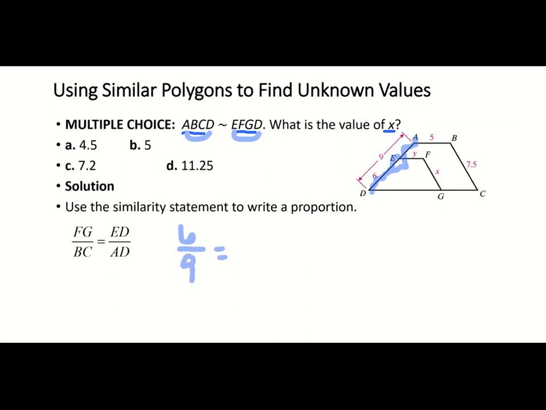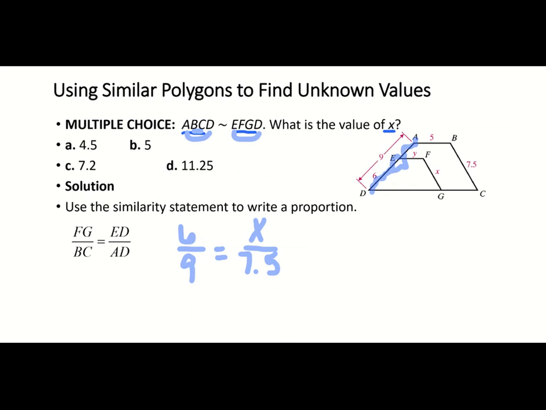And then the side we don't know, FG, is our x, and FG comes from the smaller figure. Because it's the smaller figure, it's going to go with the 6. And then it corresponds to BC, so that'll be 7.5.